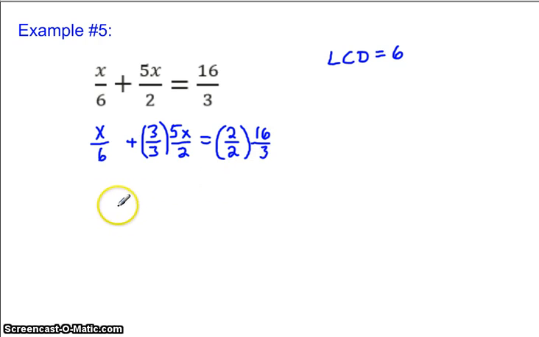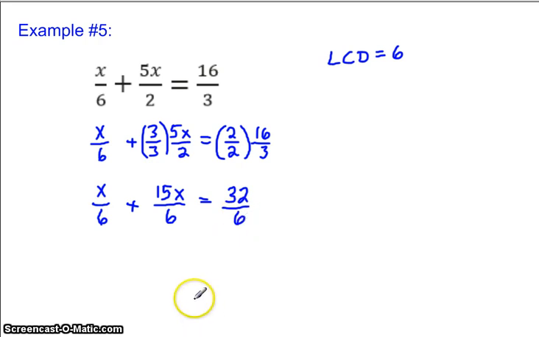So let's see what I got. I got x over 6 plus 3 times 5x is 15x over 6 equals 2 times 16 is 32 over 6. And again, I busted this fraction. I can get rid of these denominators, so I'm left with just x plus 15x equals 32.